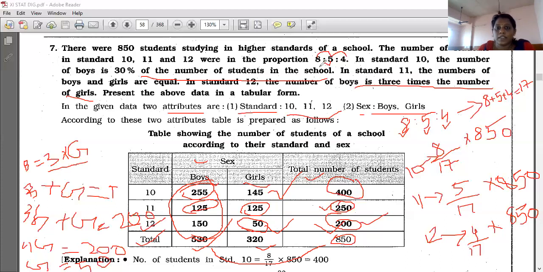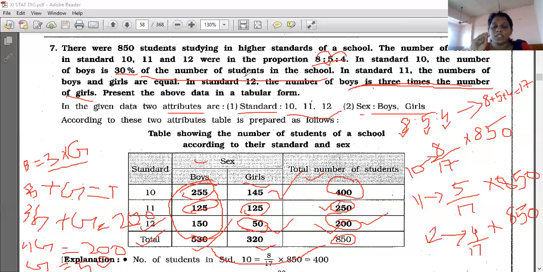Here a ratio is given, an equation is given, and a percentage is given. I told you, if it is simple addition and subtraction, there is no need to show it in the calculation portion. You can do that in the calculator. But ratios, percentages and equations, everything you have to show in the calculation. I will be giving marks for that type of calculation.